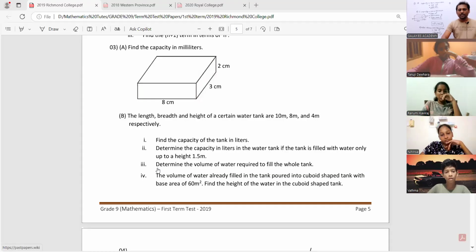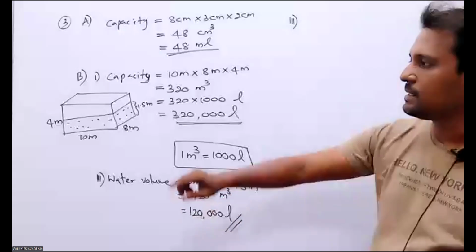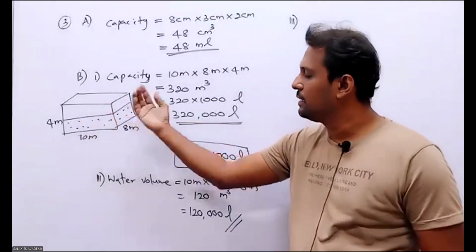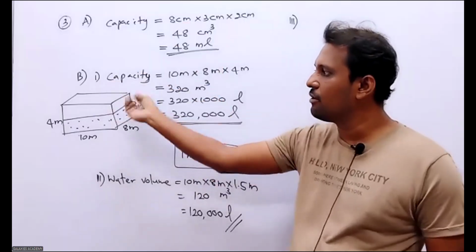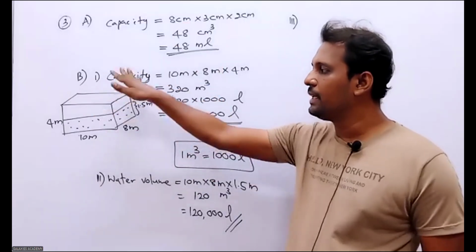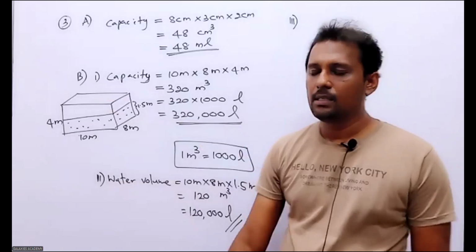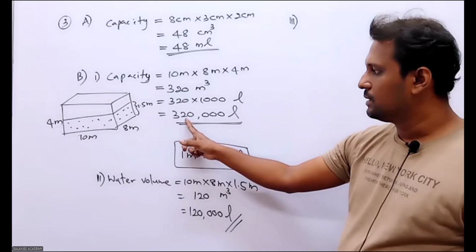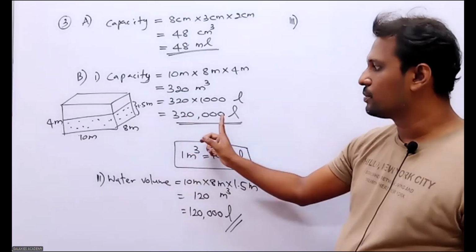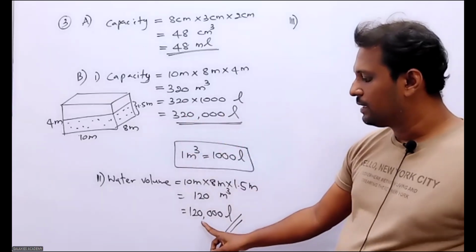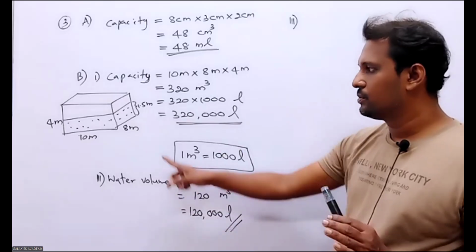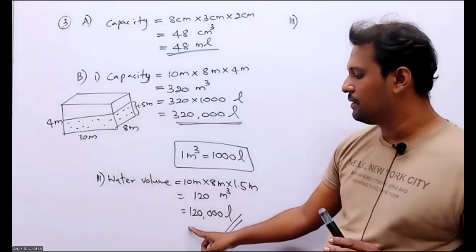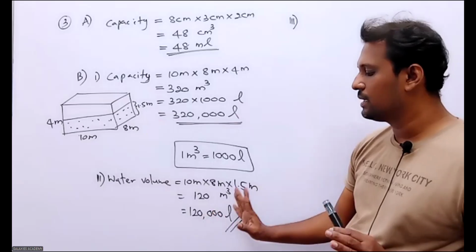Right. Number 3, determine the volume of water required to fill the whole tank. Right. This part is empty, no? Then how many more liters do we have to put to completely fill this tank? The capacity of it is 320,000 liters. Now it is filled up to this height, that means 120,000 liters.